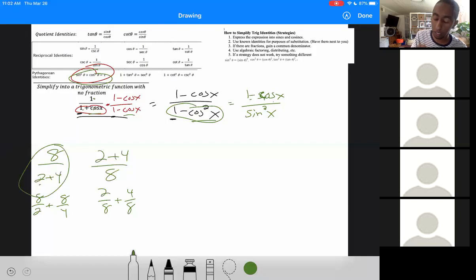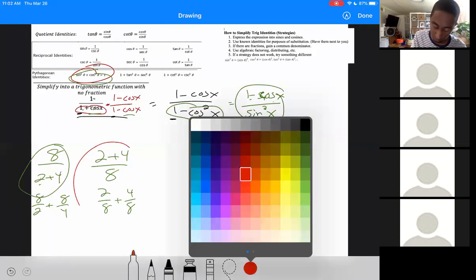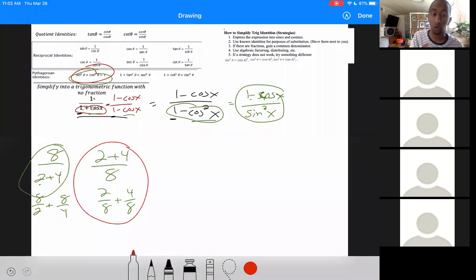So that's going to be helpful here because applying this principle, we can separate this into 1 over sine squared of x minus cosine of x over sine squared of x.